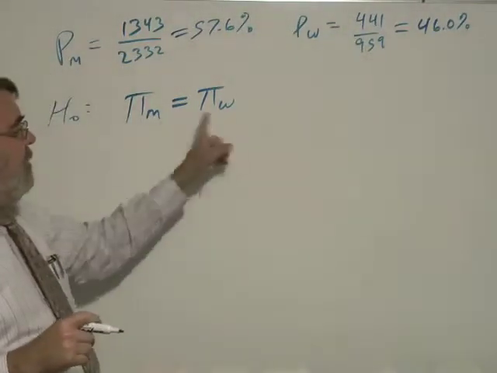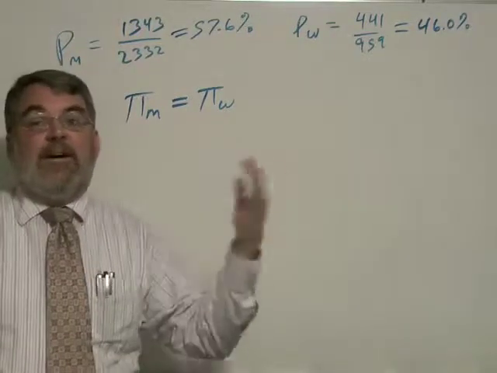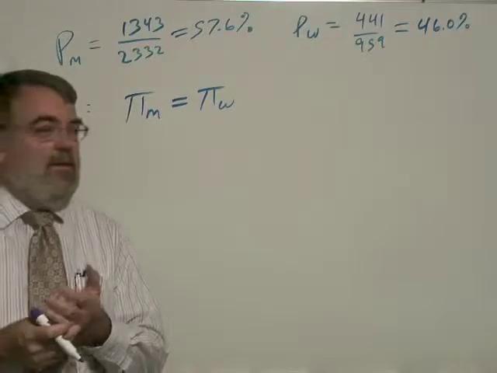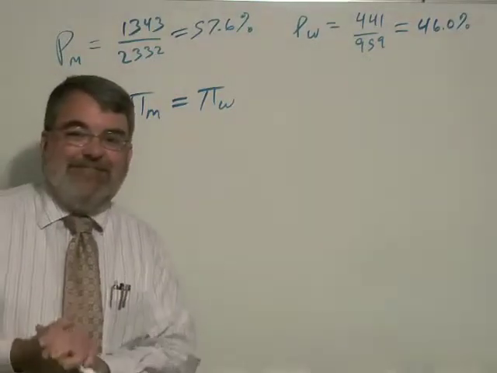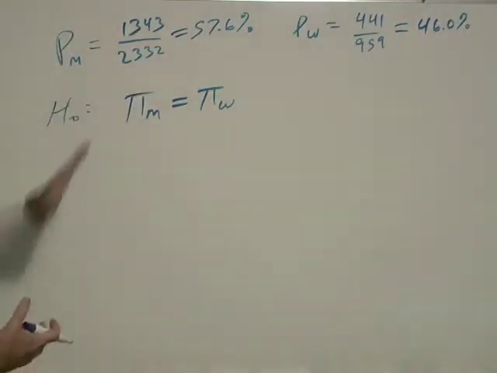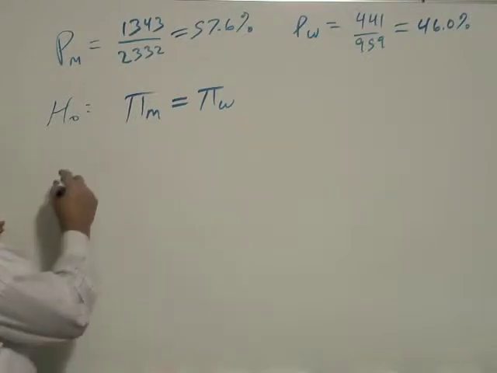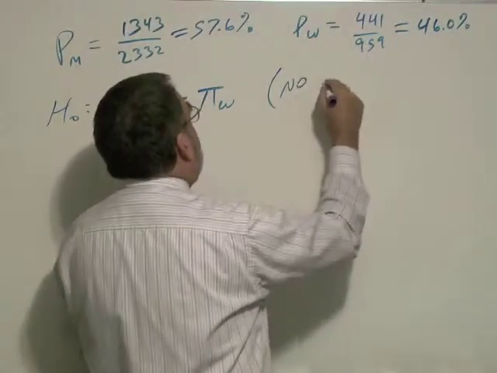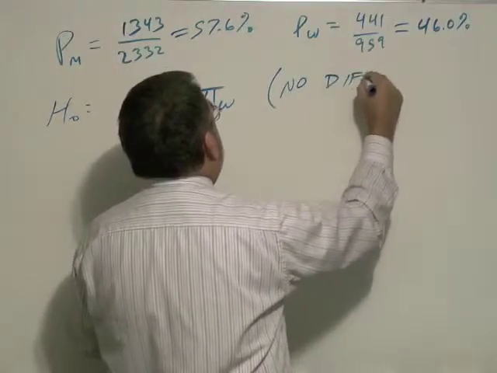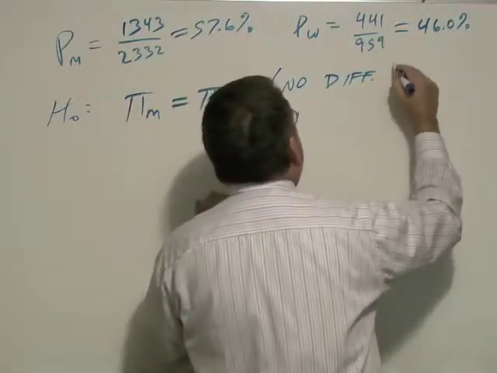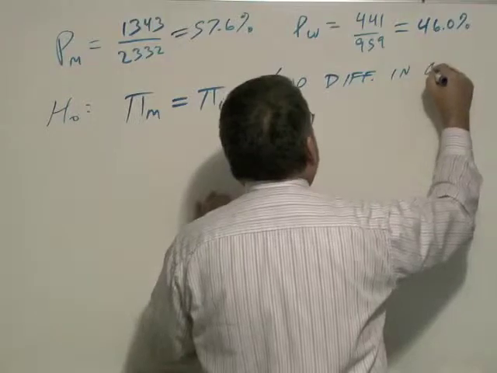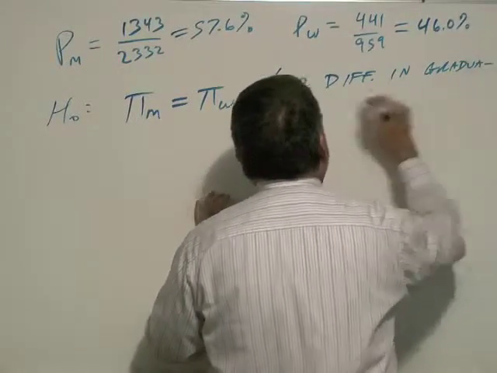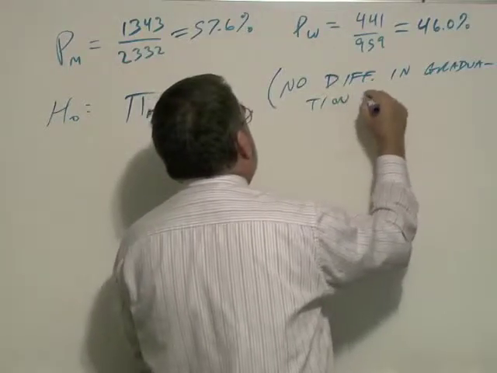So these are representative of the entire population of male and female athletes in the NCAA Division I. That's representative of it from the sample. And so there'll be no, in plain English, no difference in graduation rates.